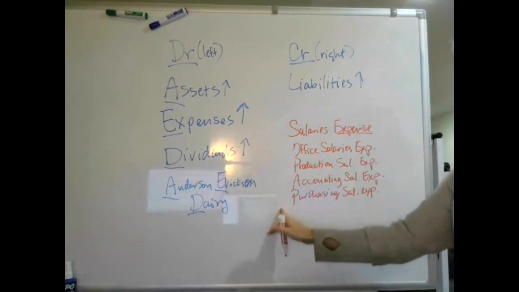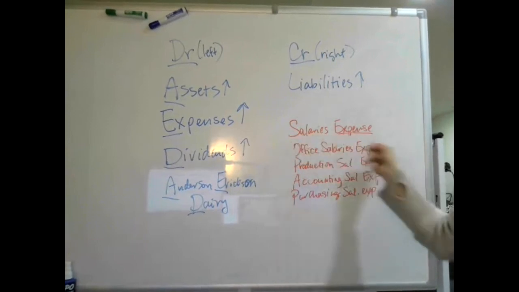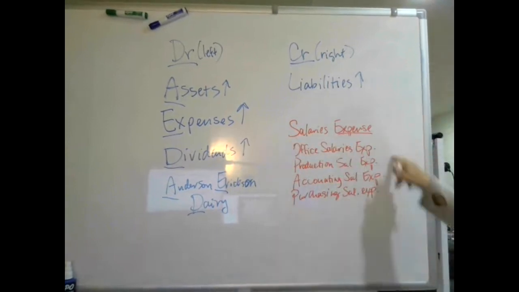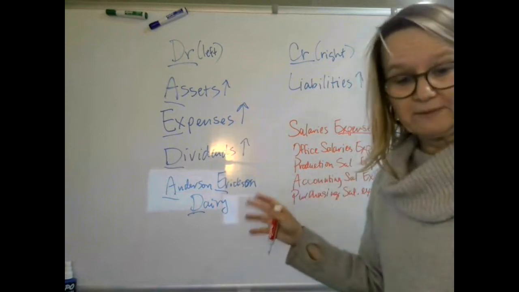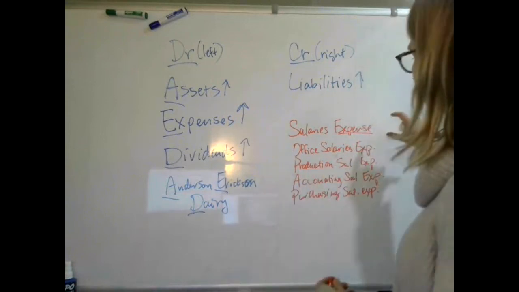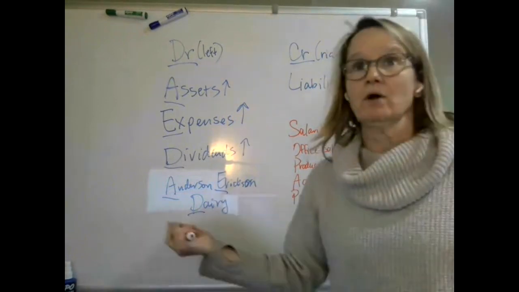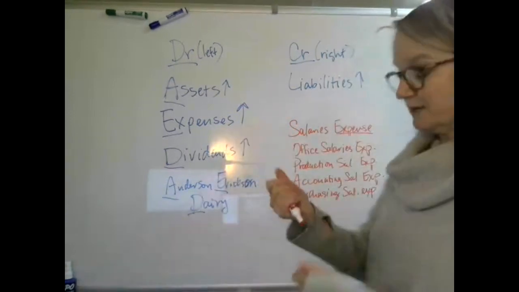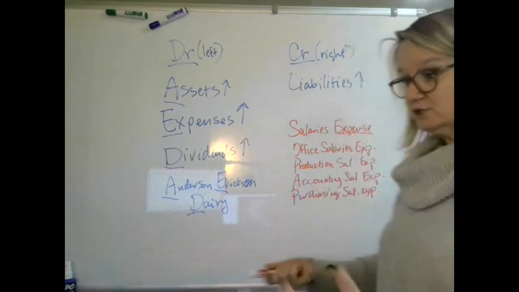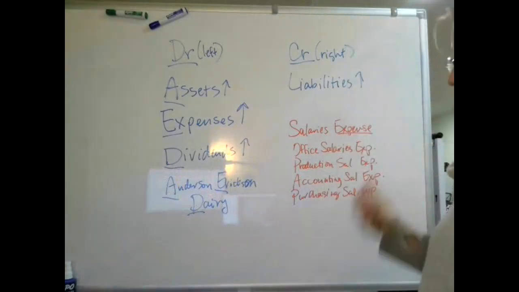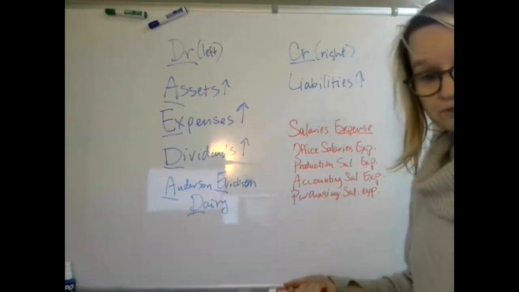So you may have subcategories under that greater category of salaries expense. These are good to have because that provides more useful information for management instead of just a general salaries expense. If all you have is salaries expense, how much did you pay the accounting department? How much did you pay the purchasing department? How much did you pay the officers?